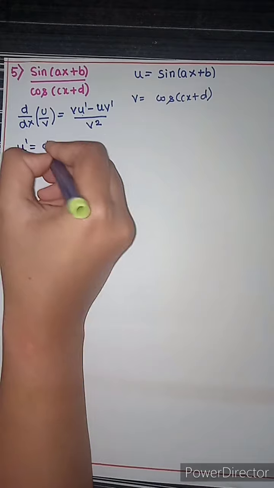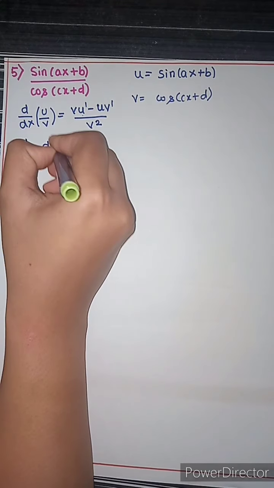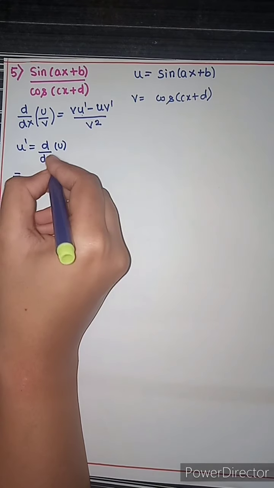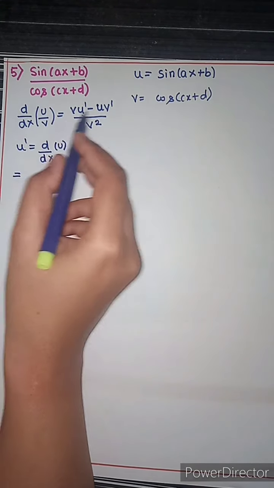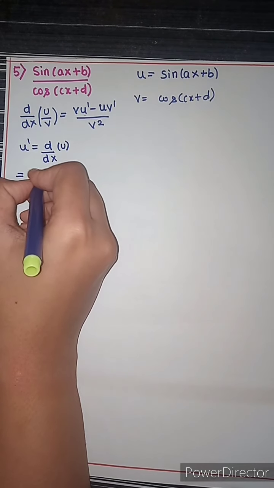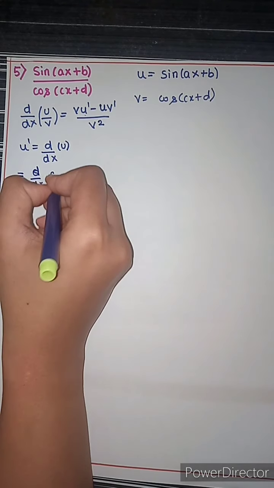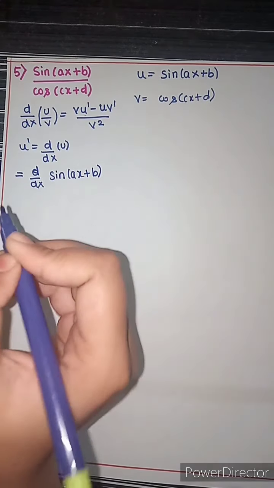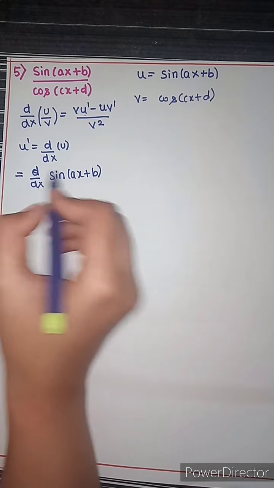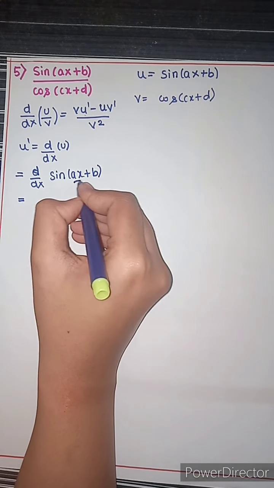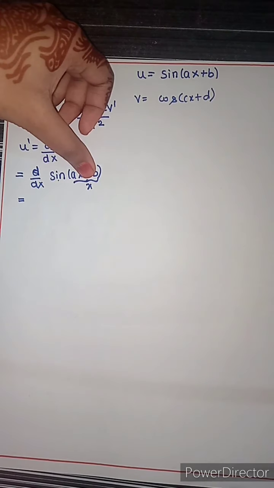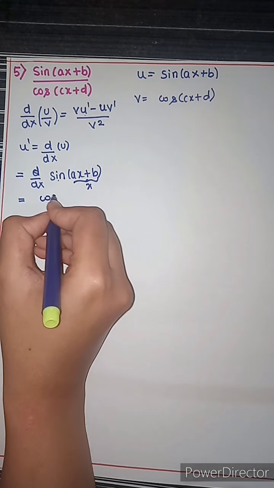For that we have to differentiate u with respect to x. So derivative of u is sine of ax plus b. Derivative of sine x, think of this as x, forget this, is cos x.